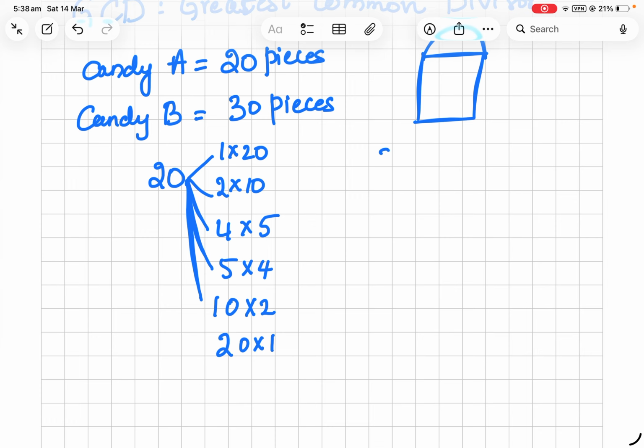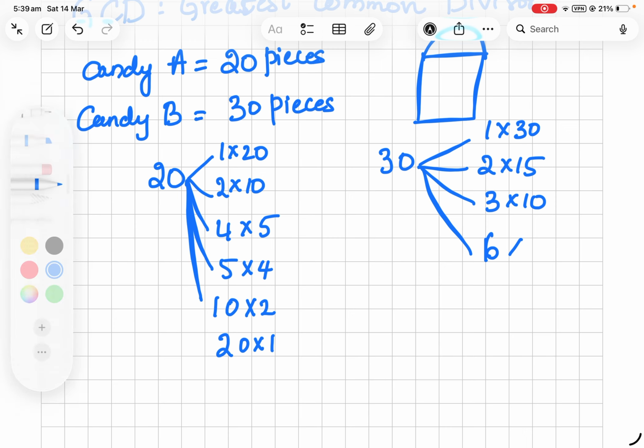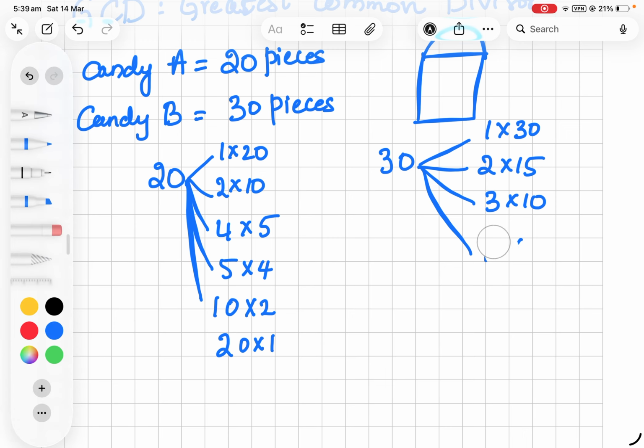Now 30 on the other hand can also be written as 1 times 30, 2 times 15, 3 times 10, and then 5 times 6, since we are going in the order of numbers.